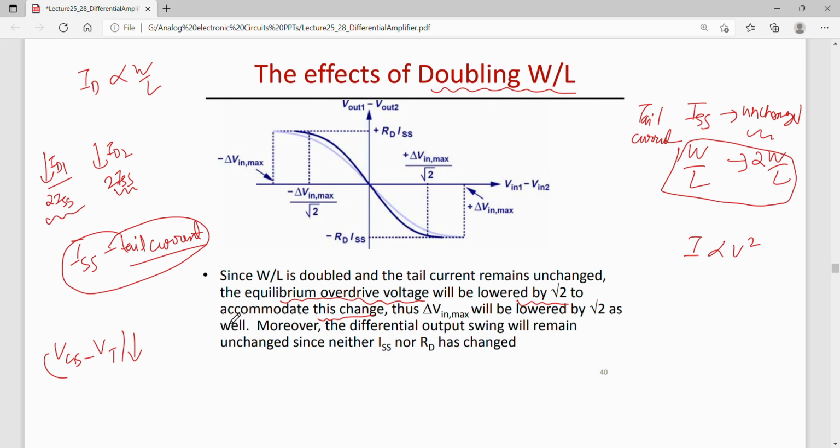And thus the differential input voltage maximum, Vin1 minus Vin2, will also be lowered by root 2.